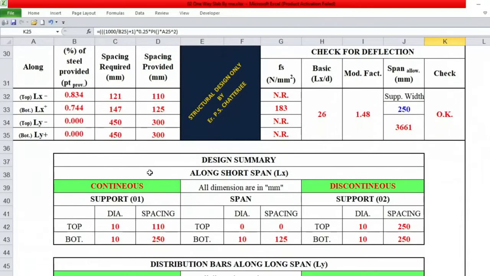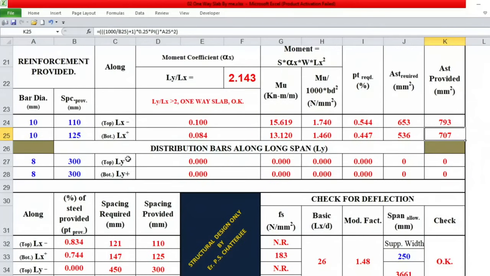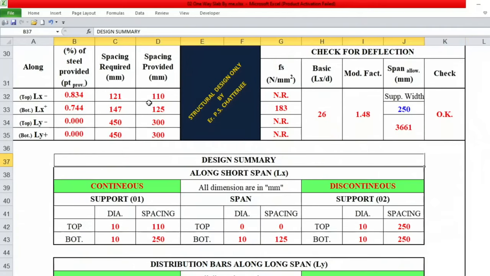Once again we have written here spacing provided, taking the value from here. If this value is more than this value, the design will not be okay.